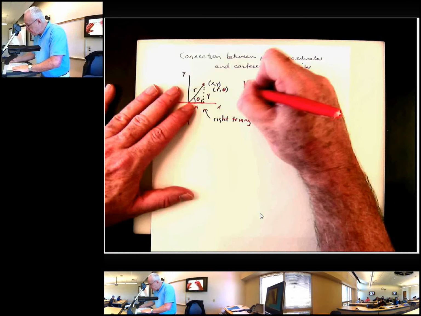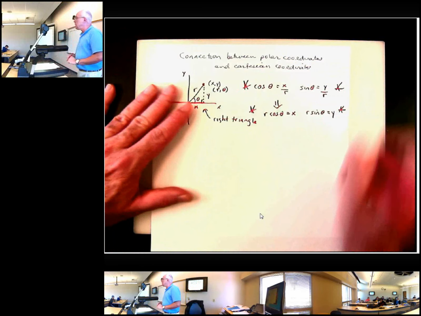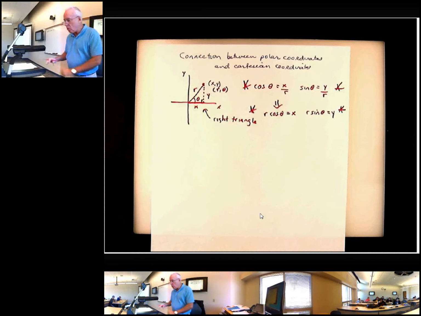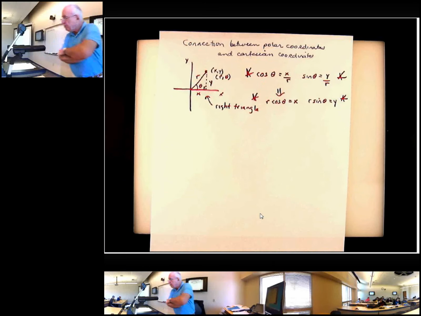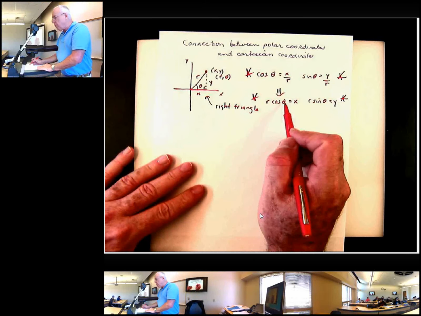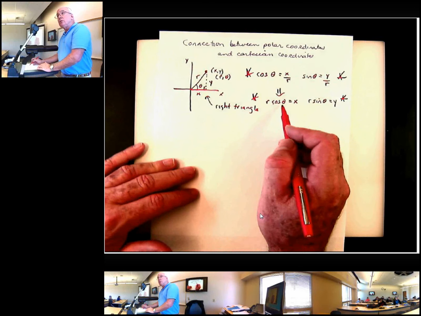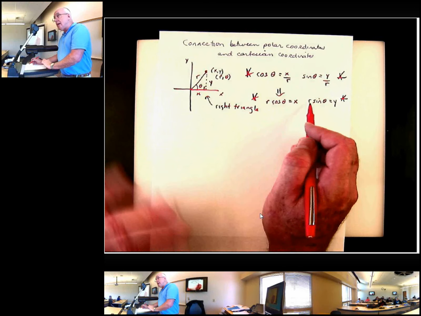So I want to put asterisks here. You need to know these relationships here, all right? So basically then, if we know an r value and a theta value, in other words, if we know the polar coordinates, we can plug those into these two formulas and get the x and the y.